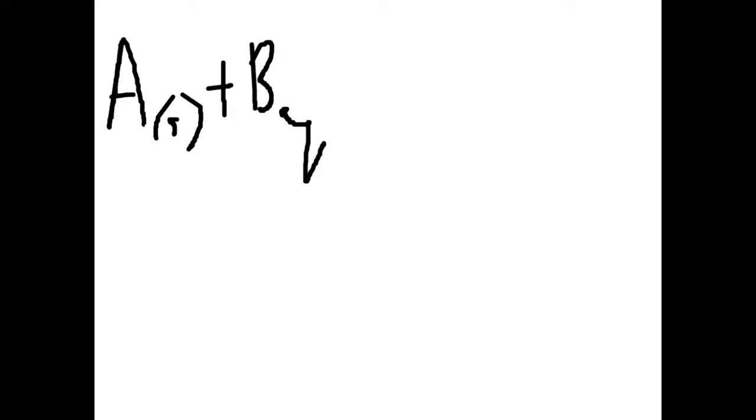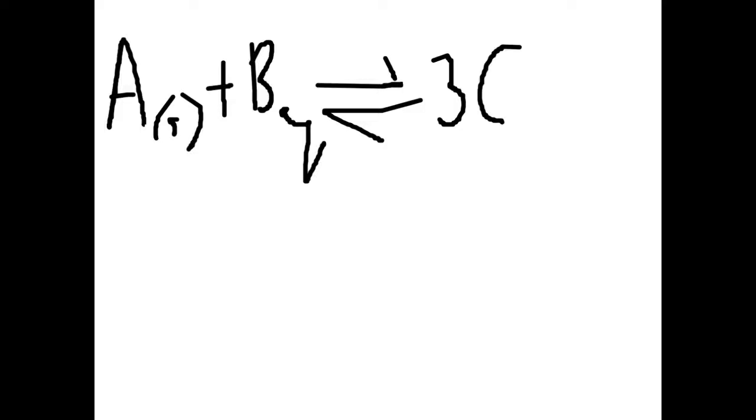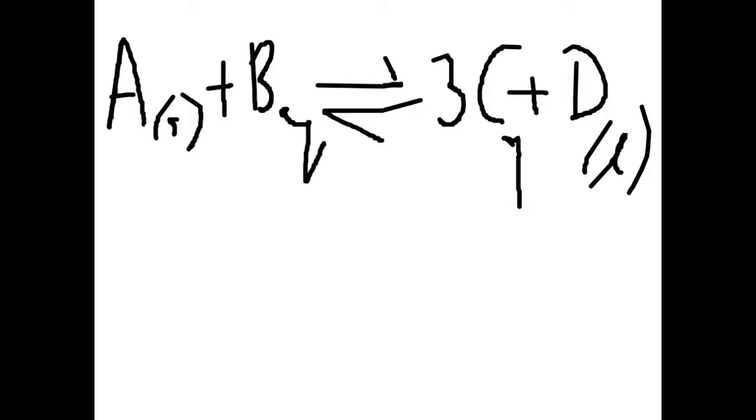Let me show you what I mean. Let me take generics. A, solid, plus B, aqueous, gives me 3C, aqueous, plus D, liquid. Can you write me the equilibrium expression for this?